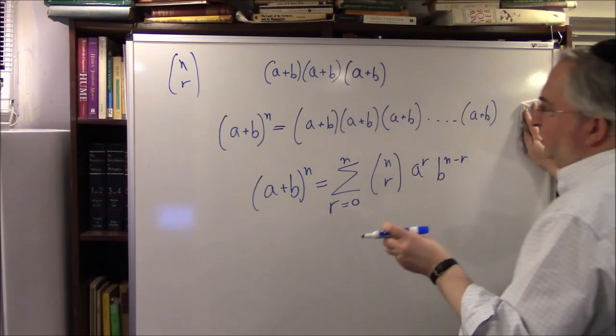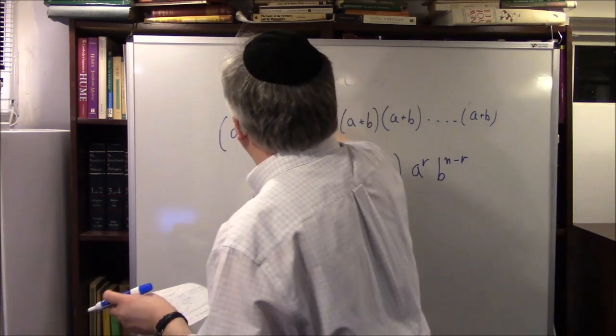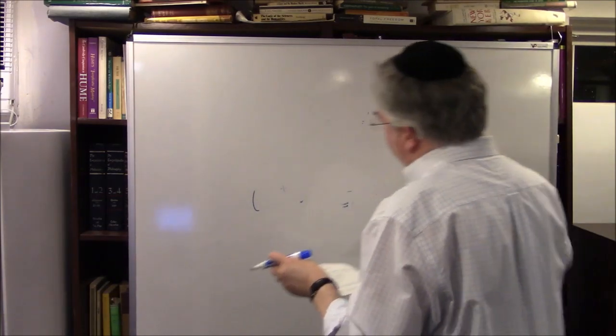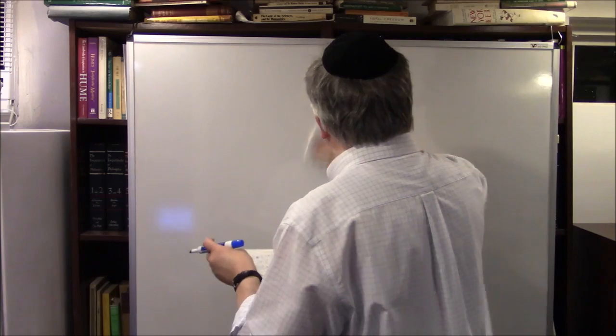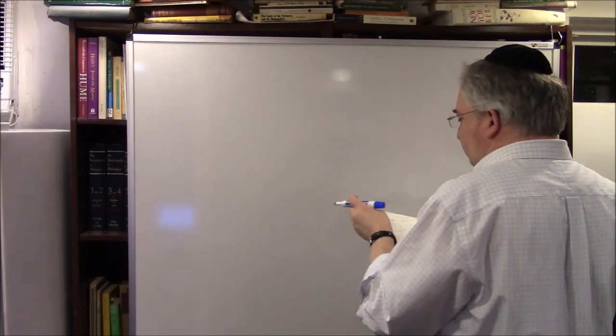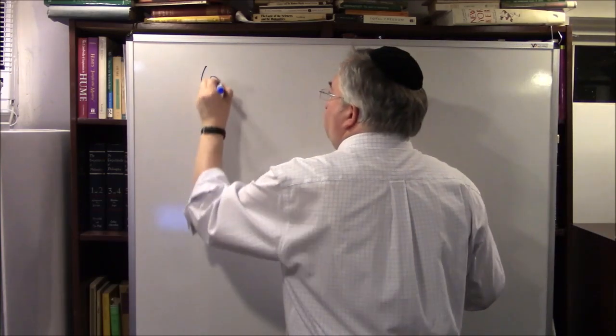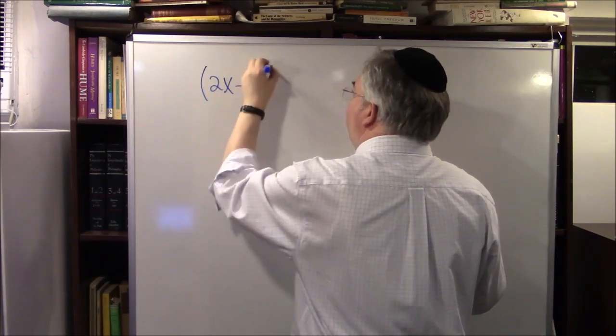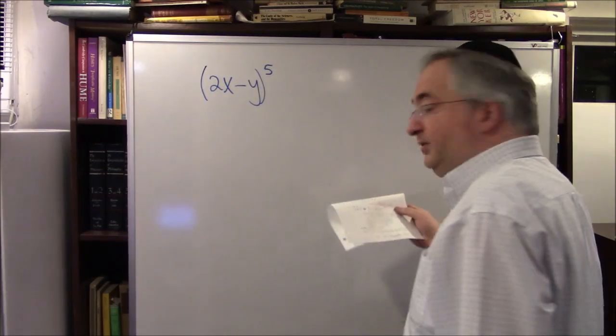Let's do an example: 2 to the x minus y, to the 5th power. What is that?